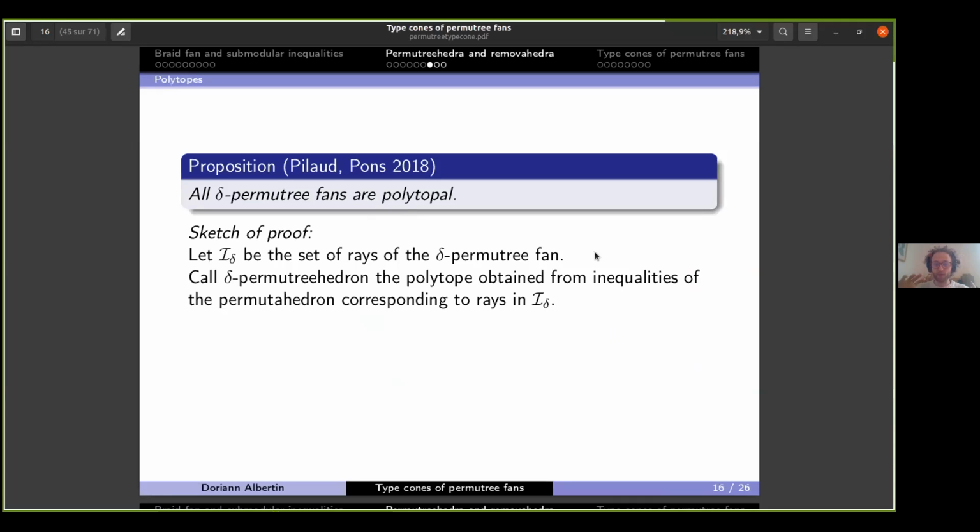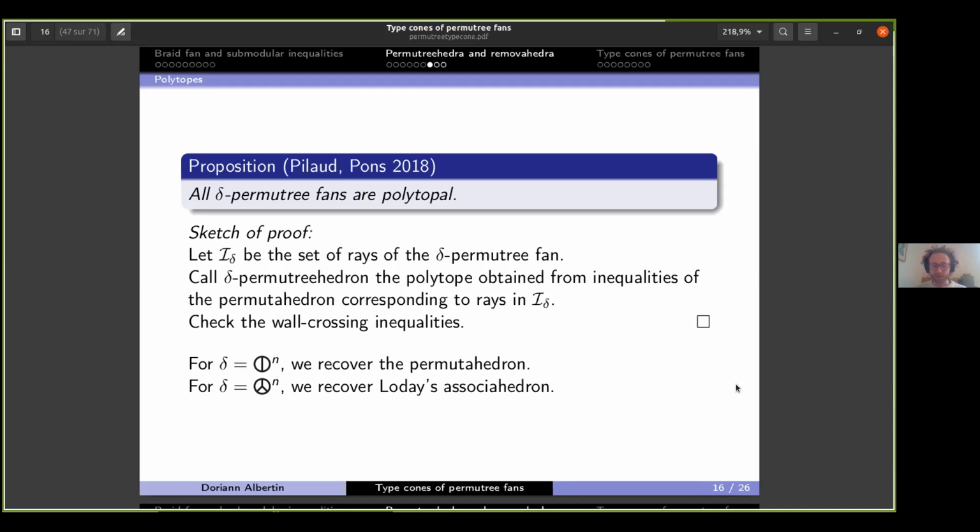Or if you took it the other way around, you can start with the permutahedron and then remove all facets, all inequalities corresponding to rays that we lost while building the delta permit tree fan. Now, what you get is an H-vector, and you just have to check the wall crossing inequalities for the delta permit tree fan, and this yields the result.